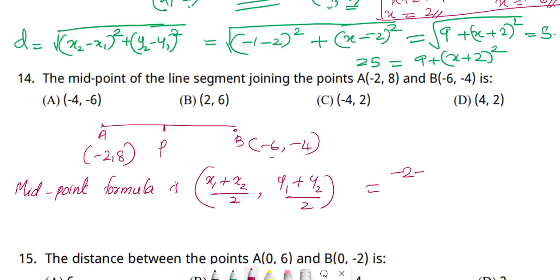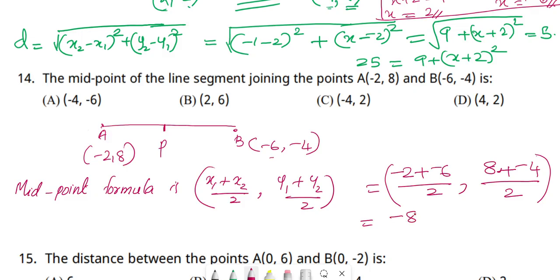So (-2 plus -6) by 2, comma (8 plus -4) by 2. So -2 plus -6 is -8, -8 by 2, comma 8 minus 4, 4 by 2. So the answer will become (-4, 2).